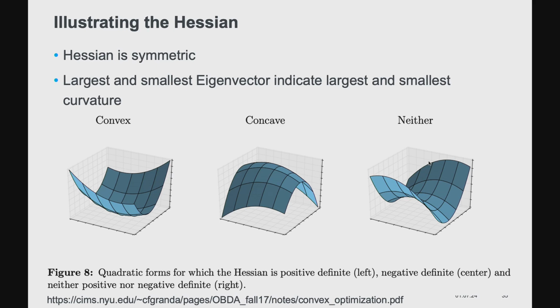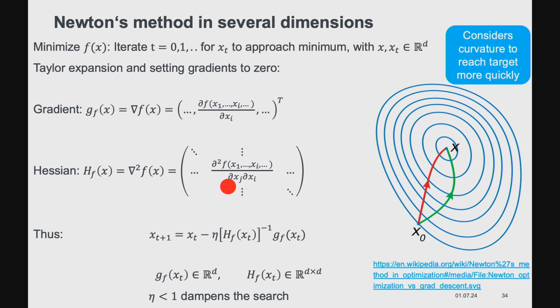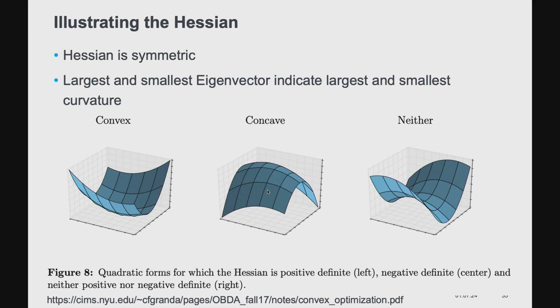The Hessian, by the way, is symmetric, obviously, because it doesn't really matter whether you first compute the partial derivative of j and then of i. Turning this around doesn't change the entry, so it's symmetric. And then the Hessian may be convex or concave, or neither of the two. When you have some nice quadratic forms, this can give you very nice computational solutions where you have some guarantee how you solve your problem.